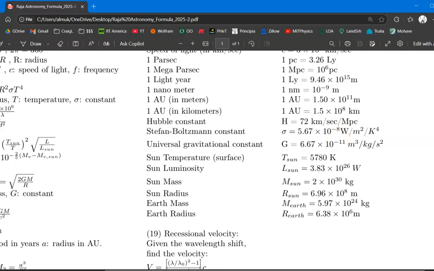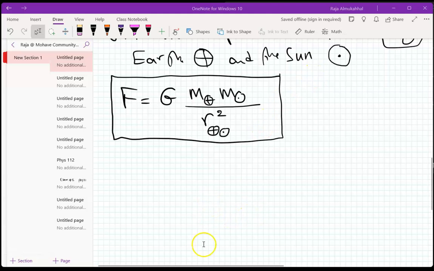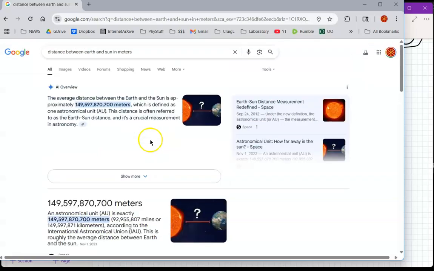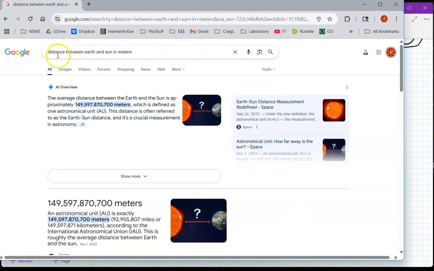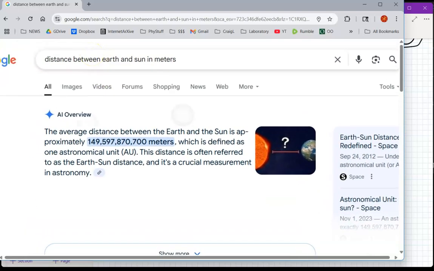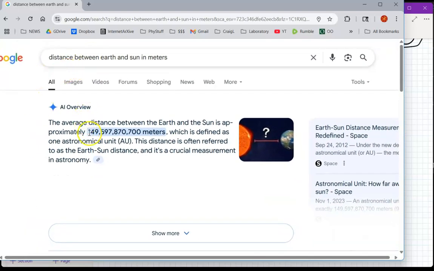Another option is to go to the web. Let me go to the web for you. Here we go. The distance between the Earth and the Sun is this large distance right there. Of course, you have to convert it into scientific notation.